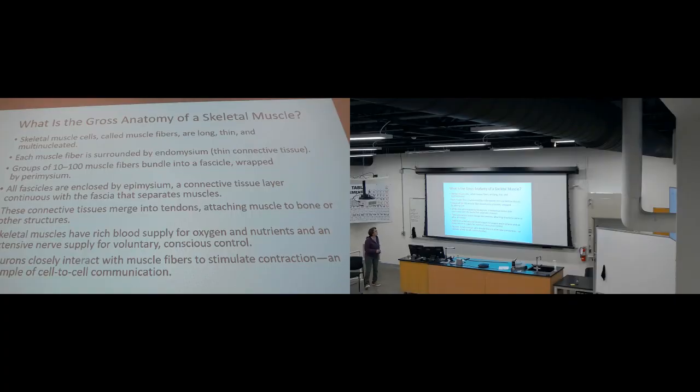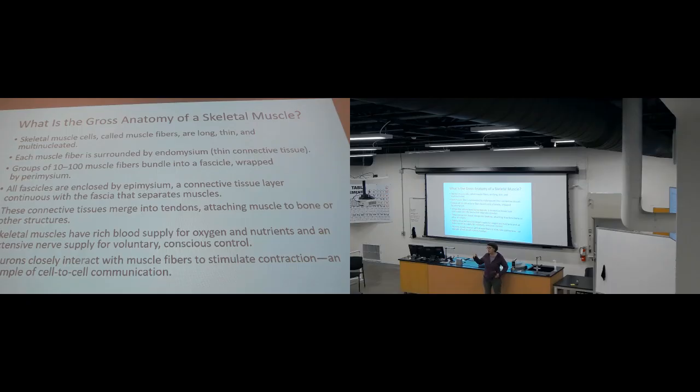So gross anatomy of a skeletal muscle, what is it? Well, it is actually seeing the cells of the muscle, which are the muscle fibers. Muscle fibers, if you remember from the skeletal system, are long, cylindrical, and they have band patterns that we call striations.